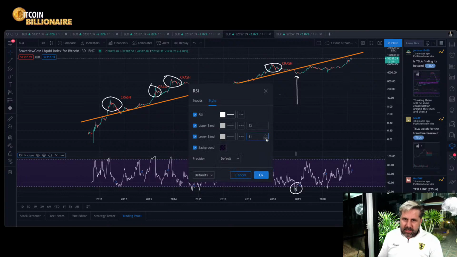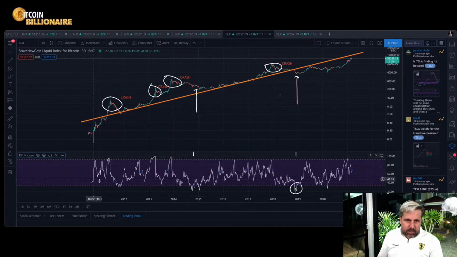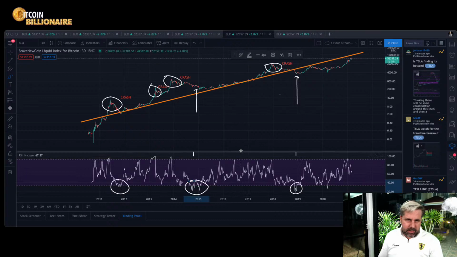I'd bring it up a little bit more, right there. There we go. If we just do that, then this one goes at the bottom and the model fits. You can now see exactly where you should have bought, here, here, and there, and you would have made a huge amount of money.